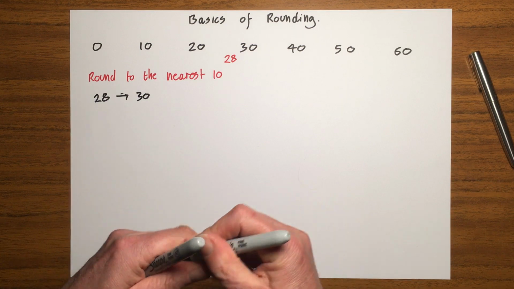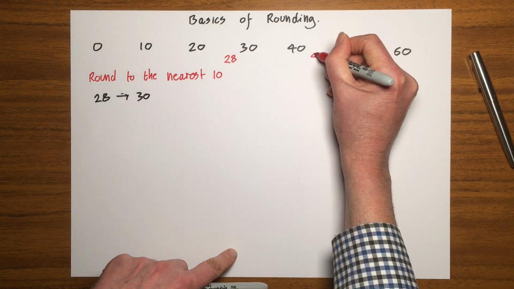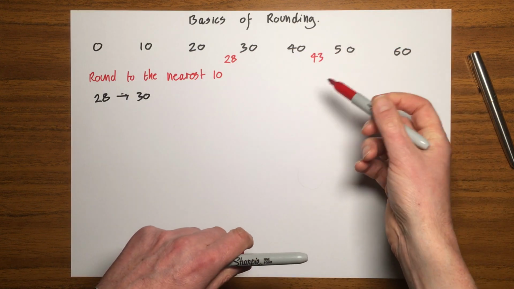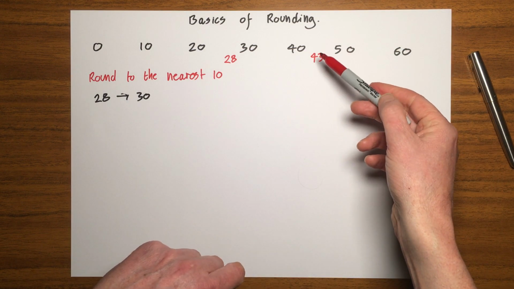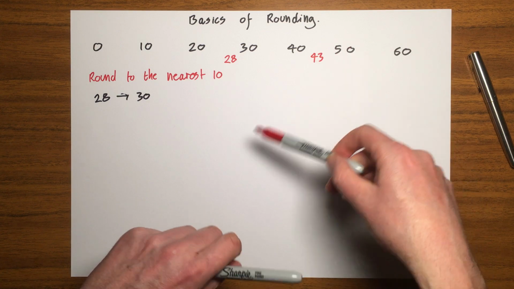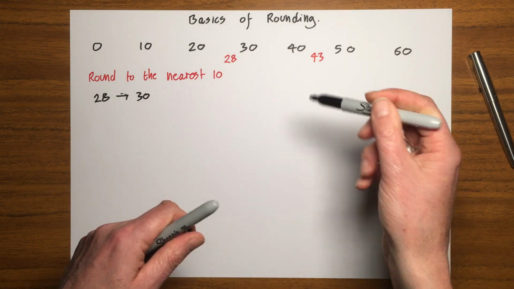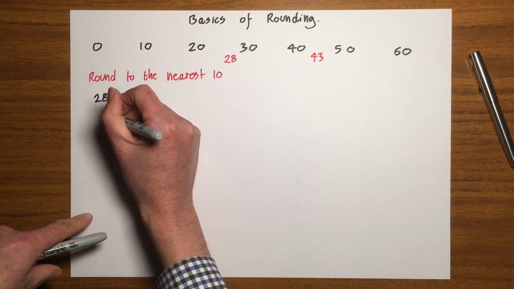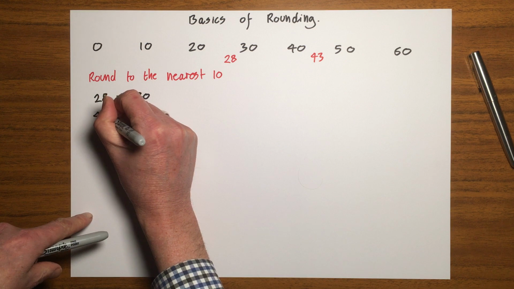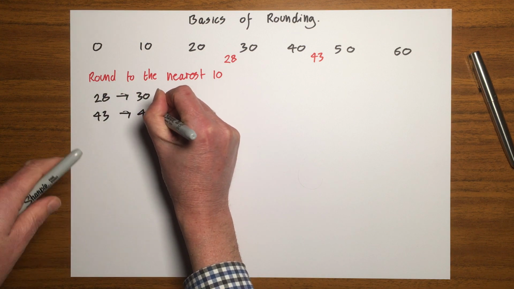Let's do another one. Right, I'm going to go for 43. So I'll put 43 in here. Now again, looking at where 43 is, it's fairly clear to see that 43 is closer to 40 than it is 50. So therefore, rounding to the nearest 10, 43 rounds to 40. Here we go. 43 rounding to 40.